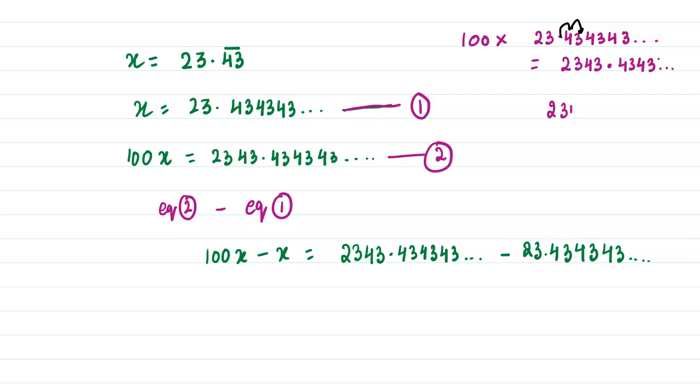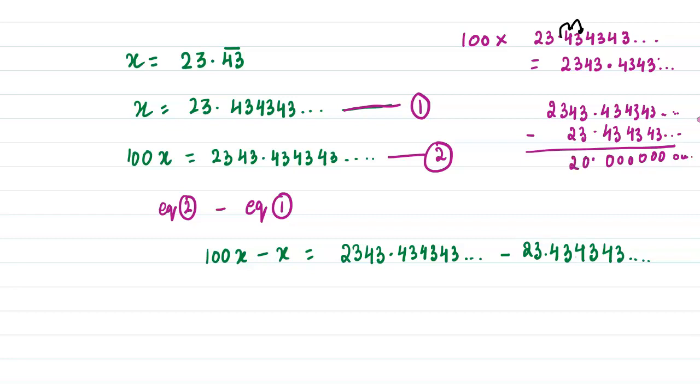So we have 2343.434343 endlessly repeating minus 23.4343 and so very conveniently we have got rid of the repeating part of the decimal. So we are going to get 0 0 0 and here also we are going to get a number of zeros. All this becomes 0.